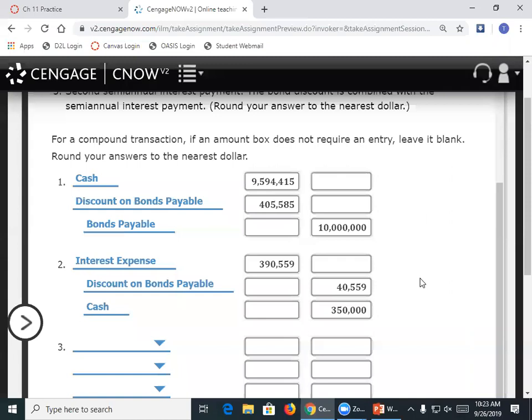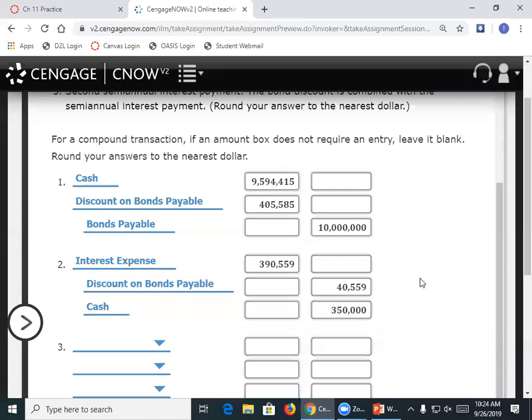That 10 million bonds payable debt is going to stay there until this bond matures. But now we've created this contra account, discount on bonds payable, or BP for short. Again, it's a contra account, so it increases on the debit side: 405,585, when the bond was issued.